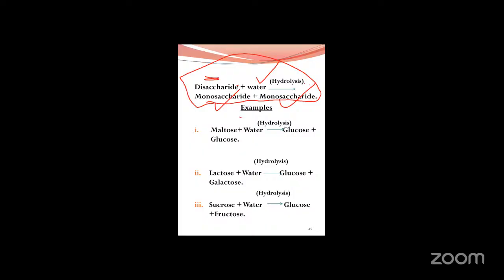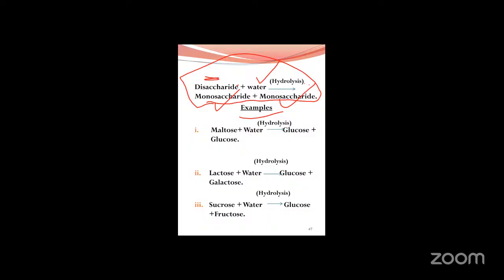For example, maltose is an example of a disaccharide. And if you break down maltose in presence of water, it is going to give you glucose plus glucose. And glucose is a monosaccharide. So when you break down maltose in presence of water through hydrolysis, this gives you two molecules of the monosaccharide glucose.